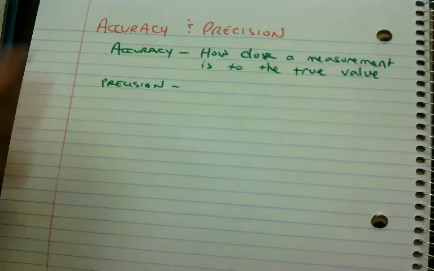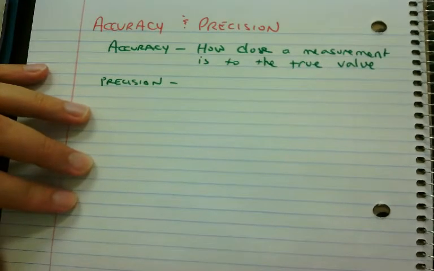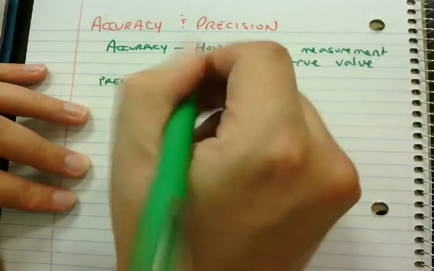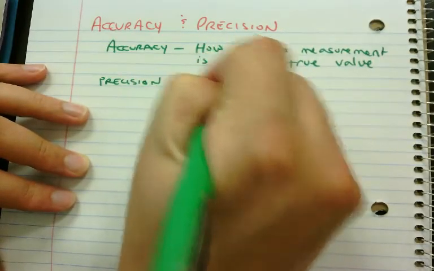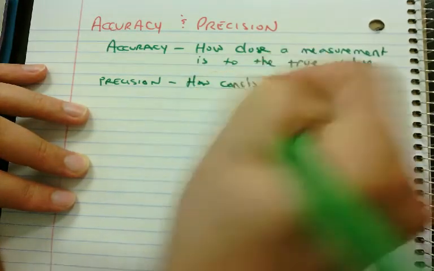So, accuracy is how close a measurement is to the true value, versus precision is how consistent a set of measurements are.